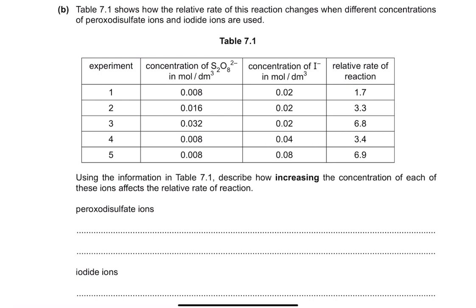So I can see comparing reaction 1 and 2, the concentration of I minus is the same, and the concentration of peroxodisulfate ions is doubled. So the rate also doubles. So we can say that as concentration of peroxodisulfate ions increases, the rate doubles.